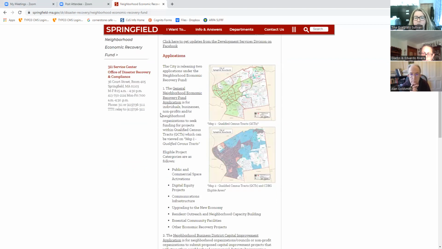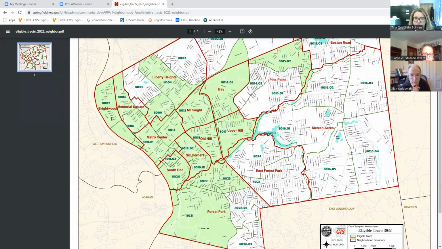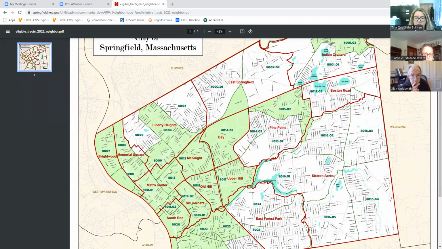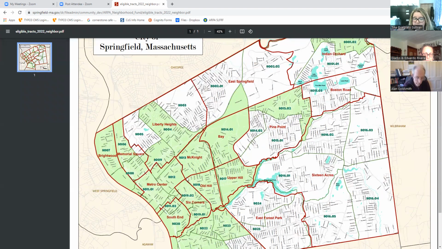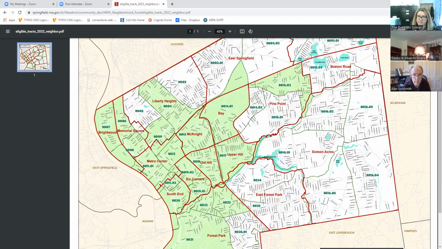So jumping into the application, I want to just bring up this map first. Out of the general fund, the areas shaded in green are the areas that are eligible. So entities putting applications in for this pot of funding under the general application would need to be located in or serve these areas.